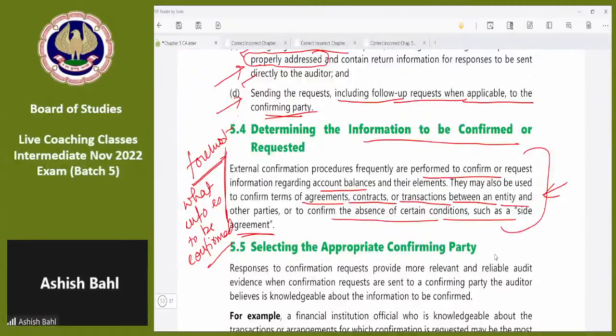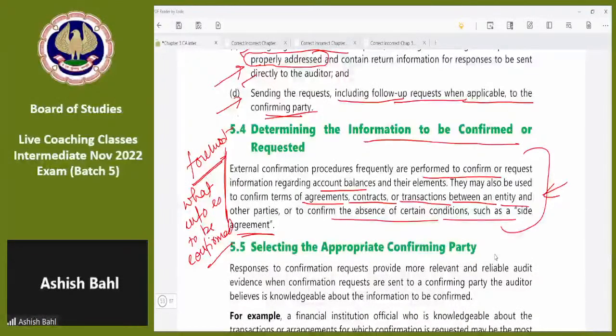Okay, so the one thing which we had learned is that external confirmation procedure is not restricted to account balances alone. It can relate to other things, to the terms of agreements, etc. But usually it is undertaken with respect to account balances and their elements.